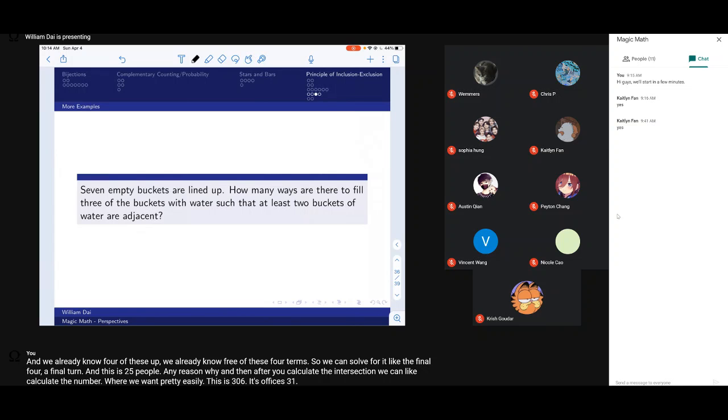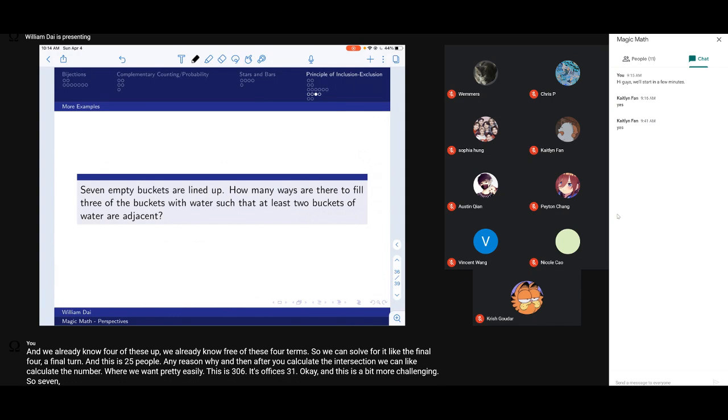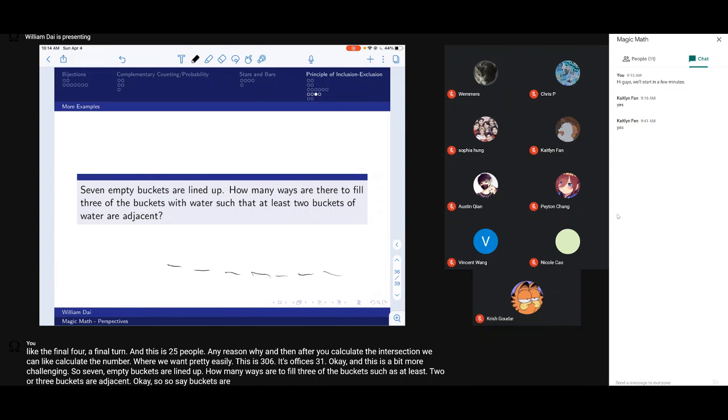Okay, and this is a bit more challenging. So 7 empty buckets are lined up. How many ways are there to fill 3 of the buckets such that at least 2 of the buckets are adjacent? Okay, so say buckets filled with water, like W1, W2, and W3.